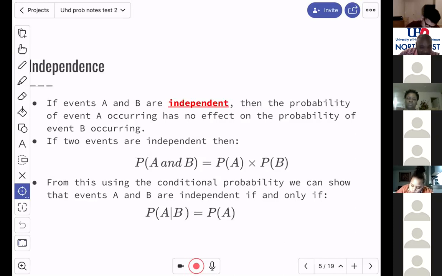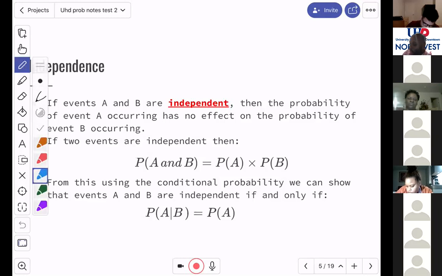I'm going to say it again. If events A and B are independent, then the probability of event A occurring has no effect on the probability of event B occurring.